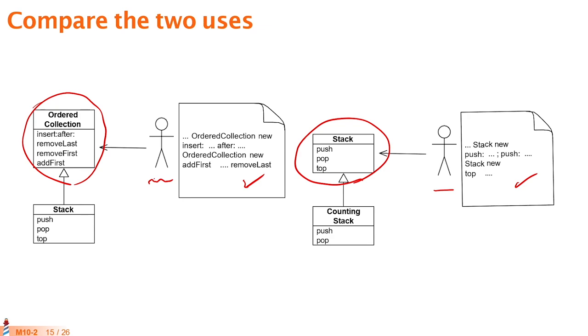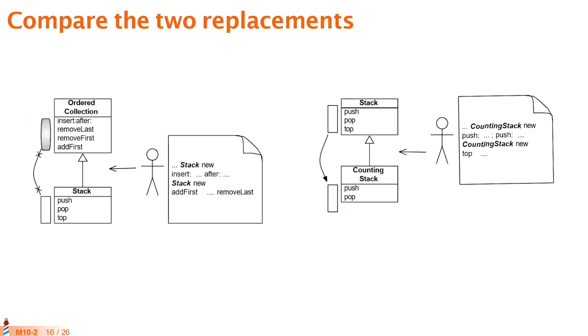By having subclasses, we can now see what happens when we replace our ordered collection by any of its subclasses. If we now use a stack, sending the same messages that we use with ordered collection, that works, but it's breaking the nature and the usage of the stack. In this case, we see that a stack is not an ordered collection.